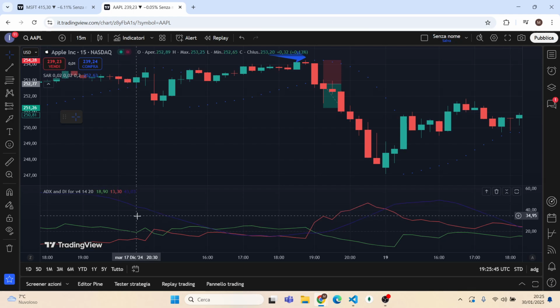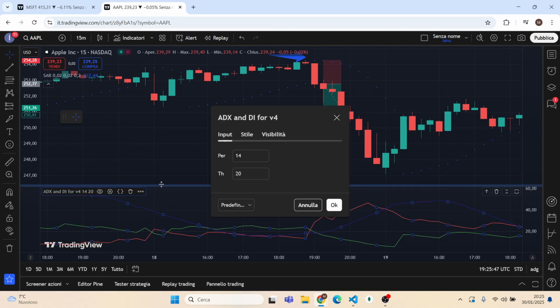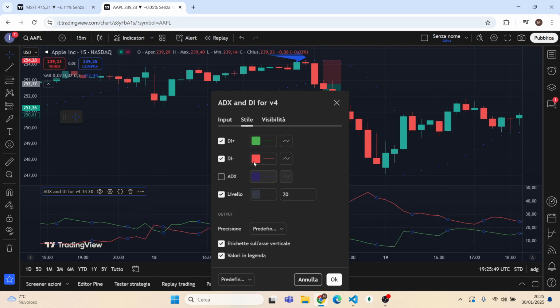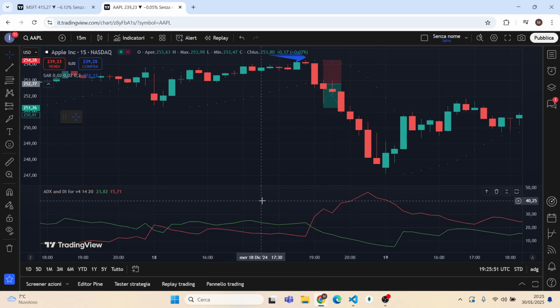You will need only these two lines. As you can see, a bullish crossover on the DMP and DMN is when the DMP line goes above the DMN line, and a bearish crossover is when the DMP line goes below the DMN line. Okay, now that you know it, it's time to go back.